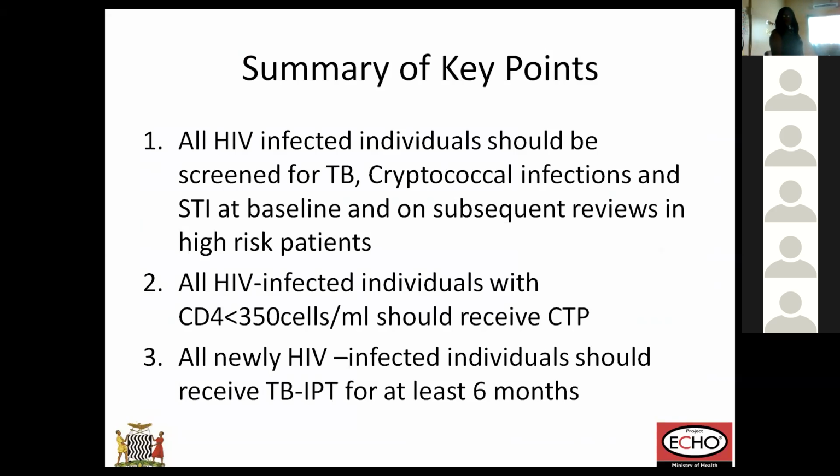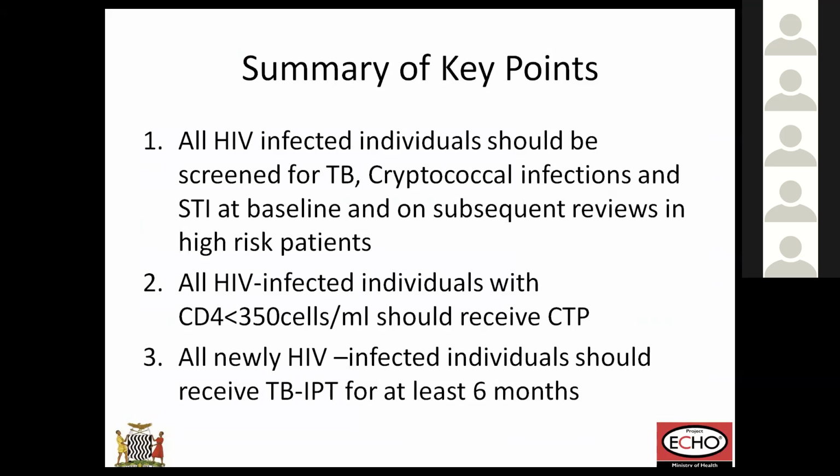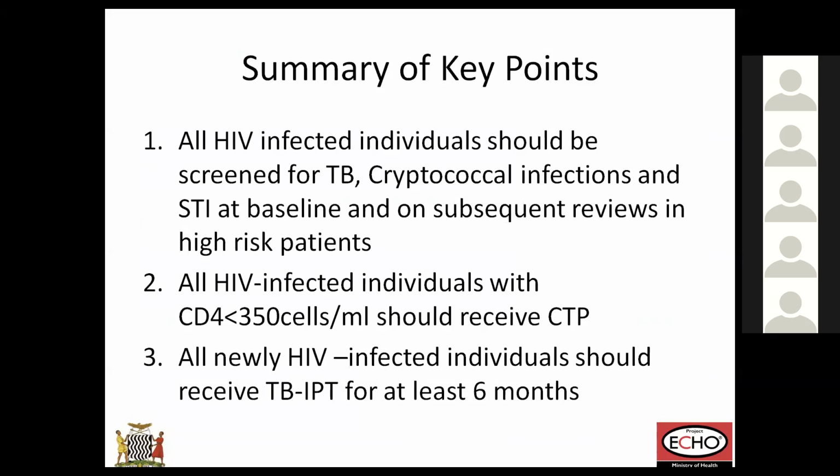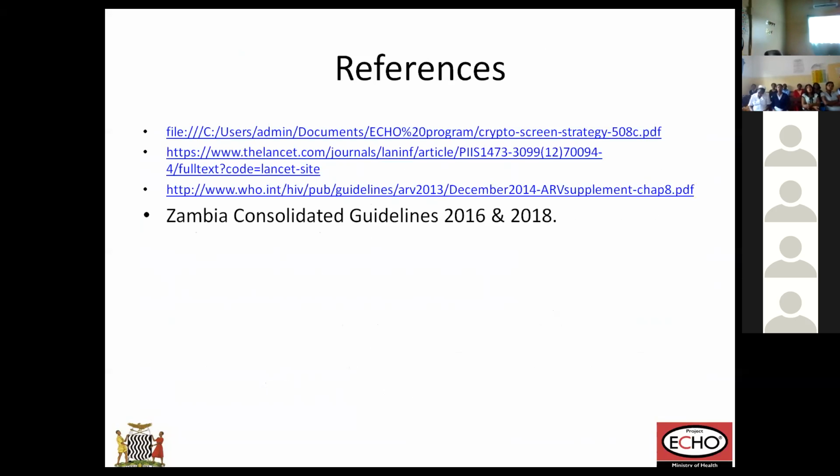Number 2, all HIV-infected individuals with CD4 less than 350 cells per mil should receive cotrimoxazole preventive therapy. Then 3, all newly HIV-infected individuals should receive isoniazid preventive therapy for at least 6 months. Thank you.